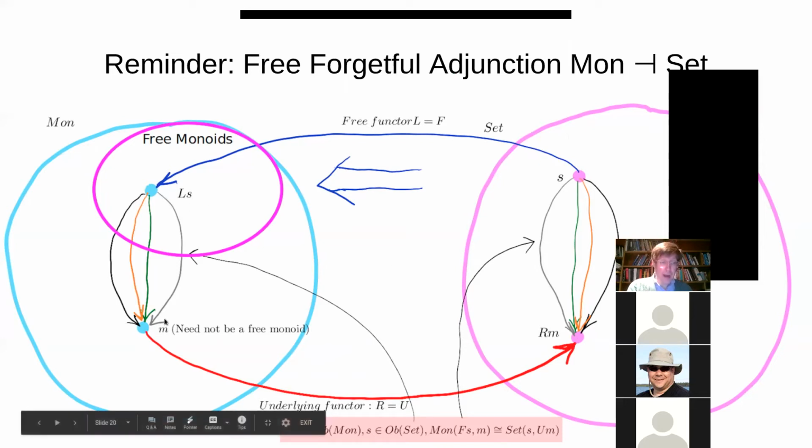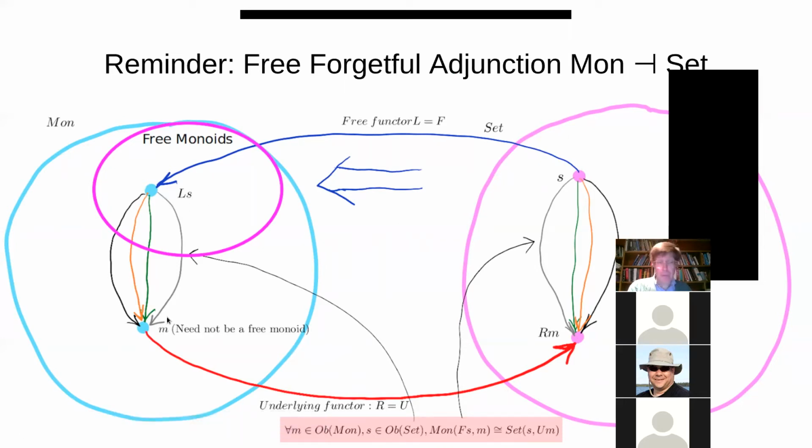It's saying that if you give me S and you give me M that you've picked, M is a monoid and S is a set here, I can guarantee you that if S is mapped over into a monoid, the homomorphisms between LS and the M you picked have a one-to-one correspondence to the morphisms, that is the functions, between S and the mapping of the M you picked over to set by just forgetting its monoidal structure and just taking it as a set.